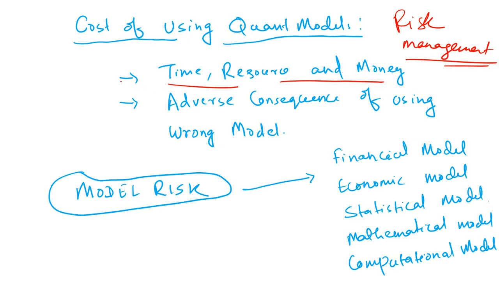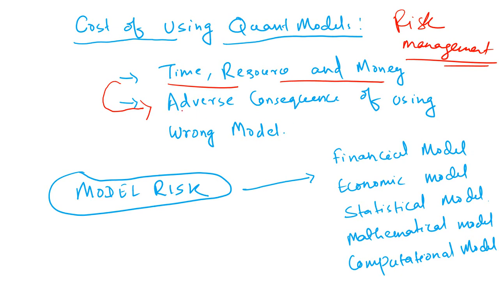But apart from that, there is an important cost that the bank might pay, and I use the word might because it may not be the cost all the time, but sometimes there could be a huge cost if the model that is built, or the quant model which is being used in the bank, is erroneous.